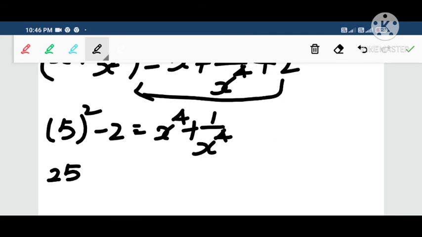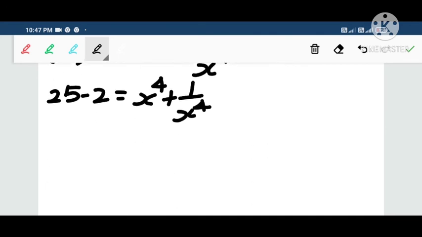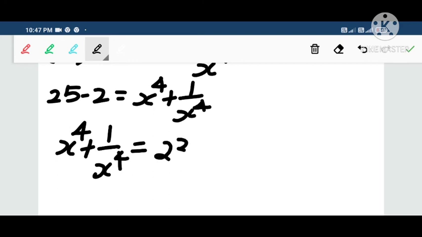So 25 minus 2 is equal to x to the power 4 plus 1 divided by x to the power 4. So finally what is the value of x to the power 4 plus 1 by x to the power 4? It becomes 23. x to the power 4 plus 1 by x to the power 4 is nothing but 23. So already we got the value of x square plus 1 by x square.